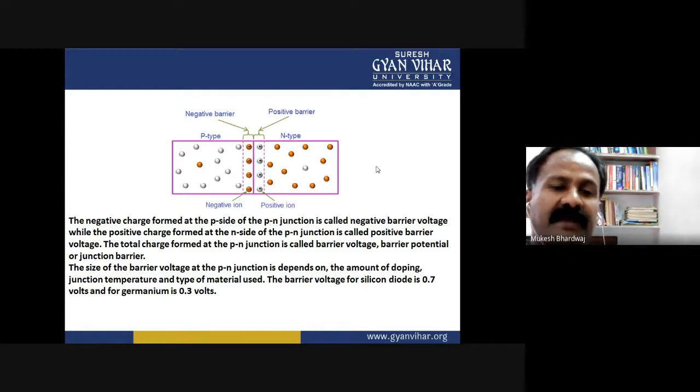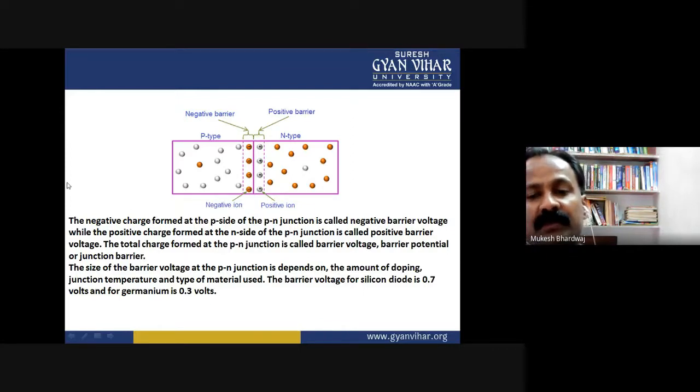The size of the barrier voltage at the p-n junction depends on the amount of doping, junction temperature, and type of material used. So the size of this barrier voltage depends upon three main parameters: the amount of doping, the junction temperature, and the type of material used.